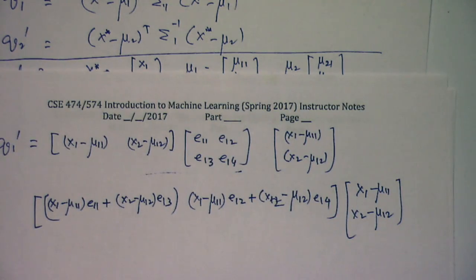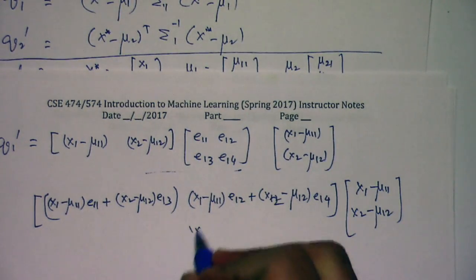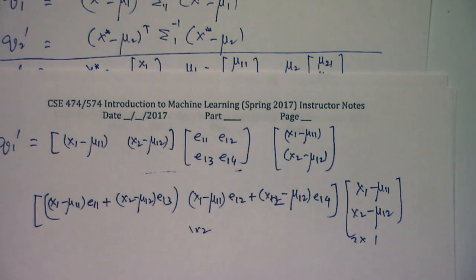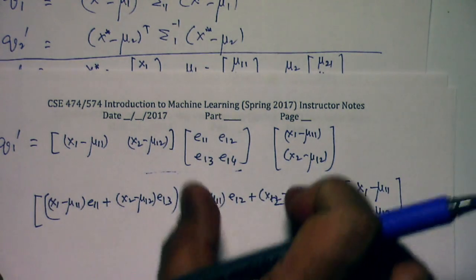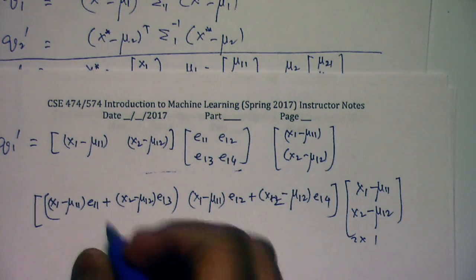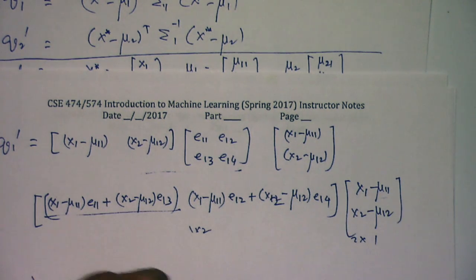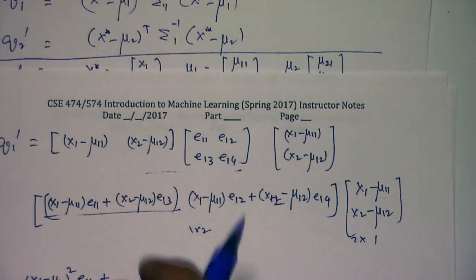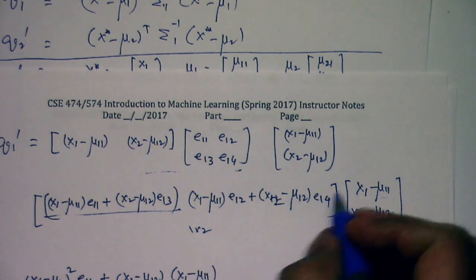Now this is a 1 by 2 vector, and this is a 2 by 1. So then this will give you a number, right? 1 by 2 times 2 by 1 should give you a scalar value, which is essentially a dot product. So this times this plus this times this, right? When I multiply this with this part, that will just be (x1 minus mu11) square e11, plus (x2 minus mu12) into (x1 minus mu11) e13.